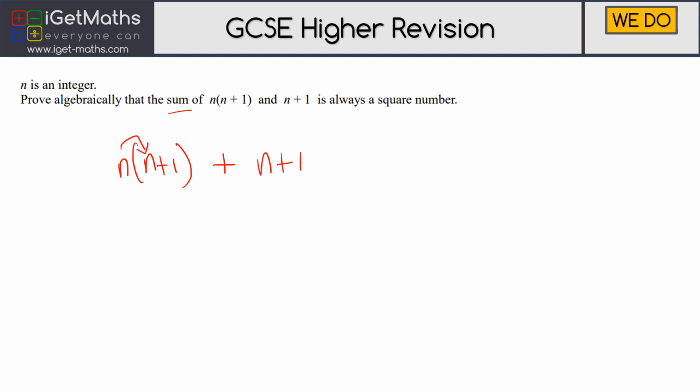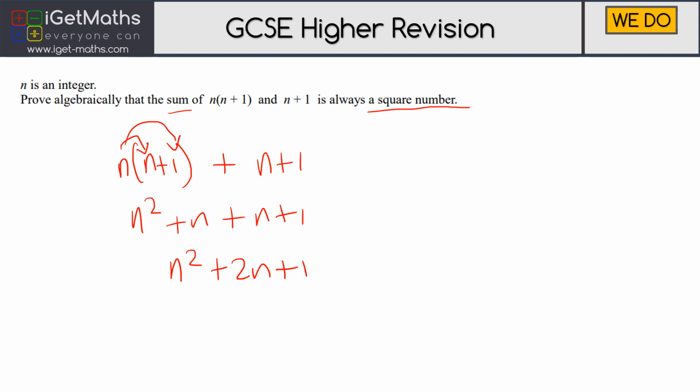So n times n gives me n squared, n times 1 will give me n, and that's plus n plus 1. We're going to collect this to give us n squared plus 2n plus 1, and then we need to factorize it so we can prove that it's always a square number.